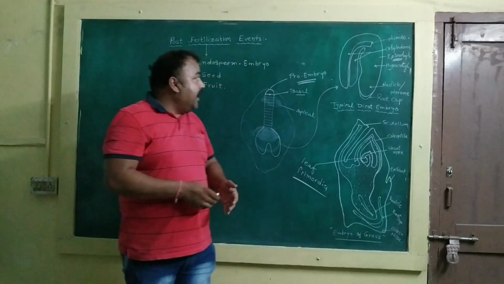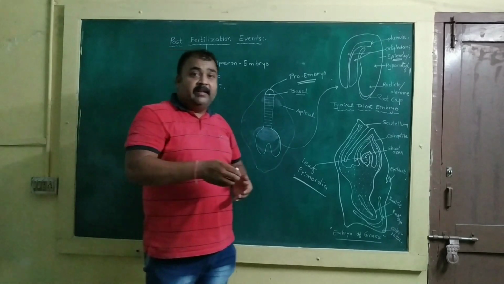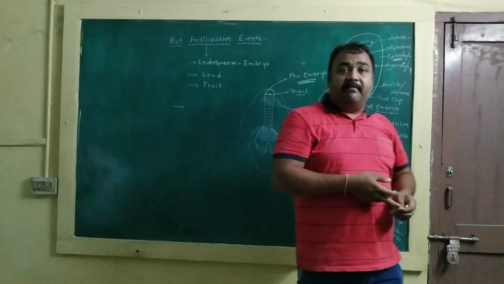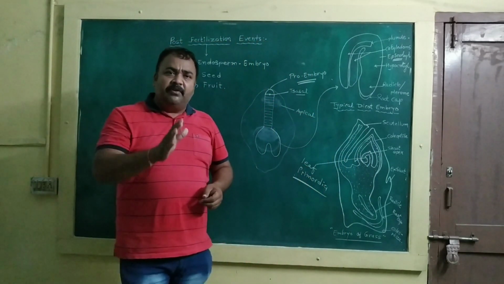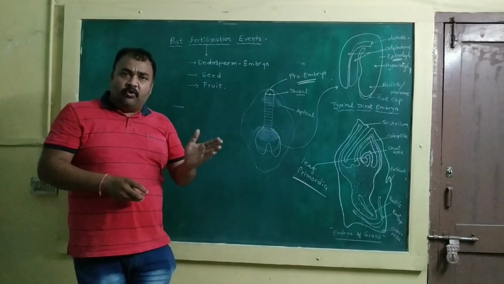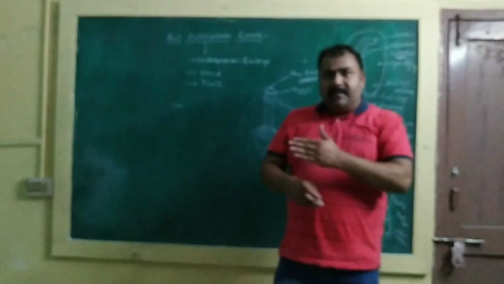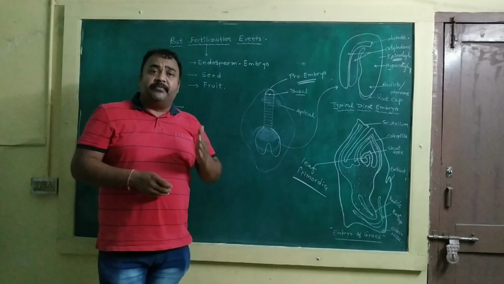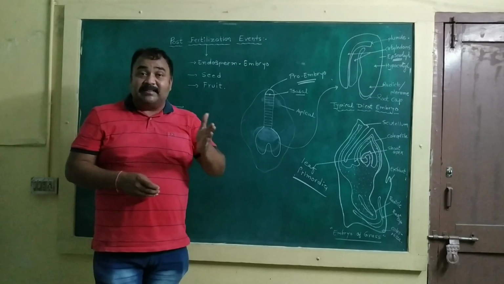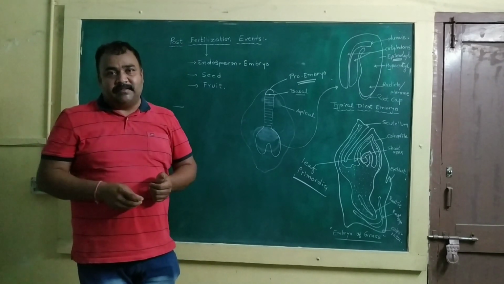Right. And we have discussed about embryo development. See, the embryo development in monocots as well as dicots follows certain stages. And the primitive stages or the initial stages in the development of embryo in monocots as well as dicots are similar in most of the cases.